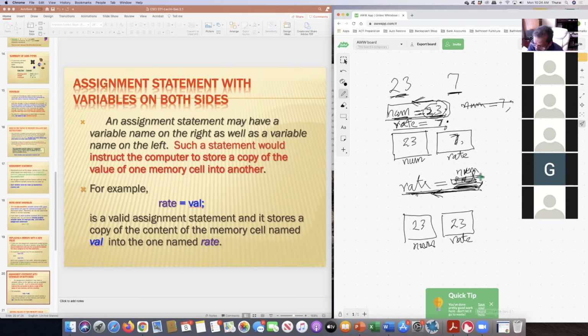The semicolon has to be there. If it is not there, the system will not understand this as an instruction. So a compiler will complain about that. It's just a syntax error if the semicolon is missing. The semicolon must be at the end of every statement. If it is not there, nothing will be done.